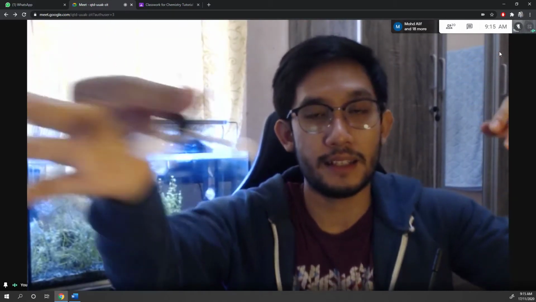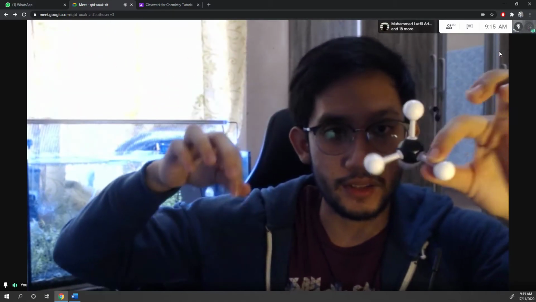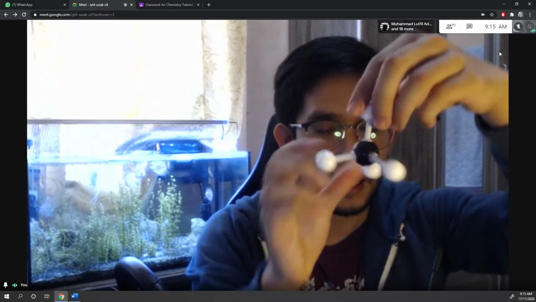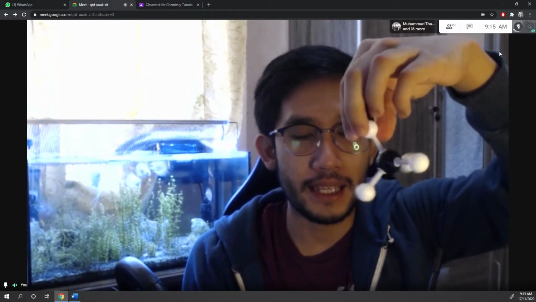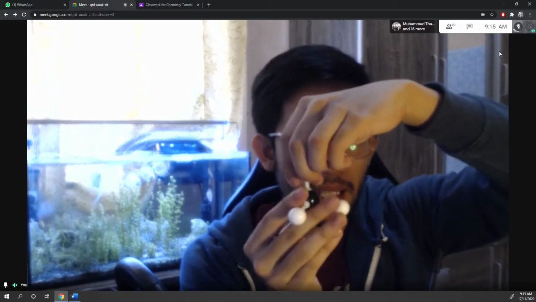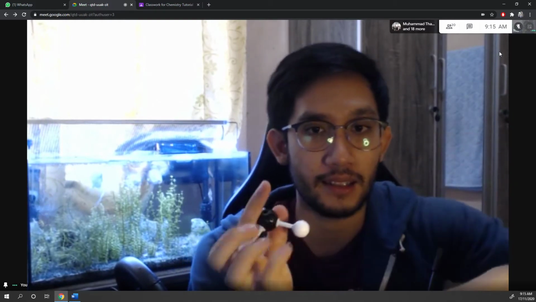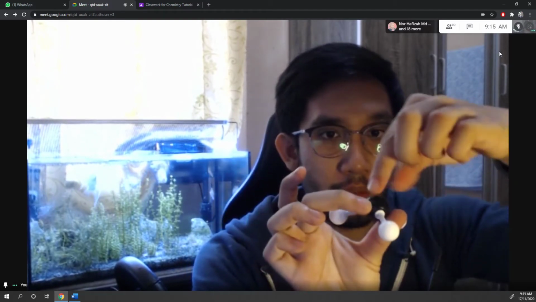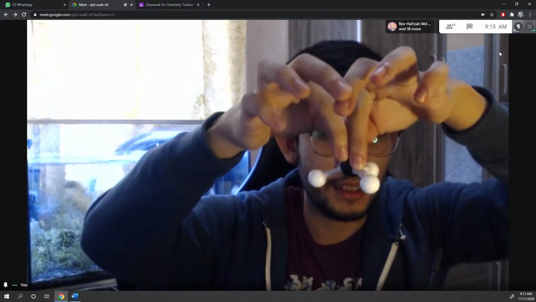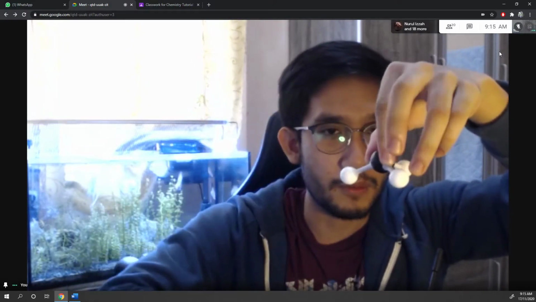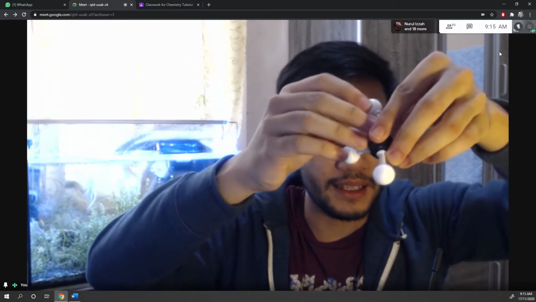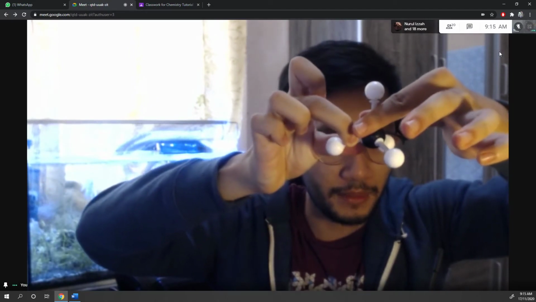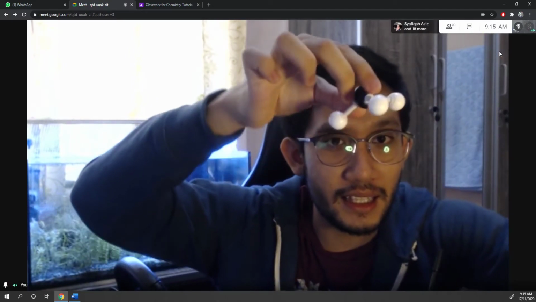Okay, so this is the tetrahedral. So dia bentuk dia kan tetrahedral. So now what happened is kita replace one of the terminal atom dengan lone pairs. So lone pairs, bayangkan the lone pairs ini. So right now the one that left is, so from tetrahedral bila kita dah ganti, apa yang tinggal is this.